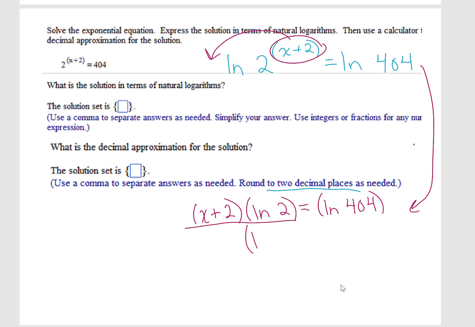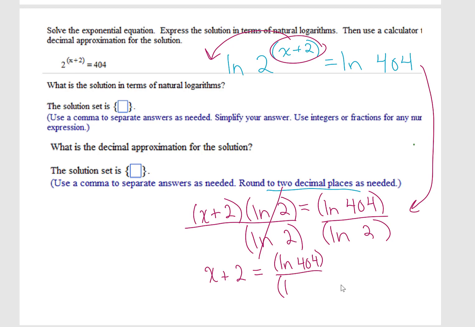I'm going to slowly start bringing everything away from that x, right? I'm peeling it away like layers of an onion. So I have to peel this outer layer, the multiplying by the natural log of 2 first. Okay. Now I'm left with x plus 2 equals natural log of 404 over natural log of 2.